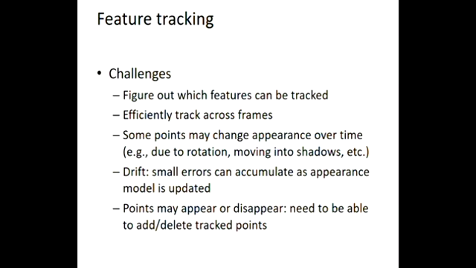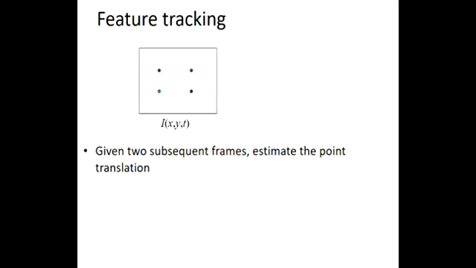Thanks. Thank you. All right, so feature tracking. The goal is, given 2 subsequent frames, estimate the point translation. Here we've got some image, and the notation I(x, y, t) means that I've got some point at position (x, y) at frame t.